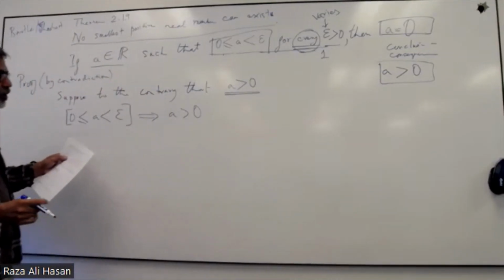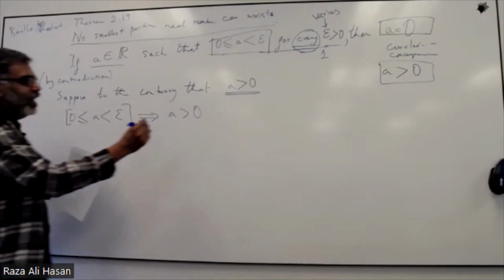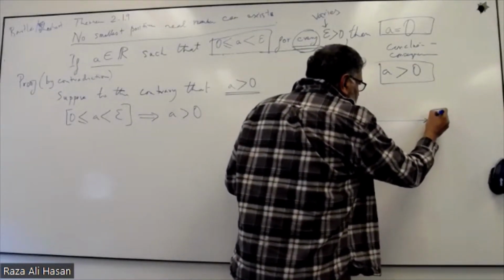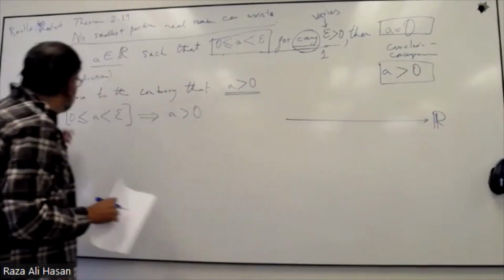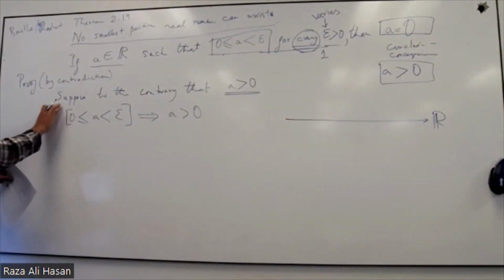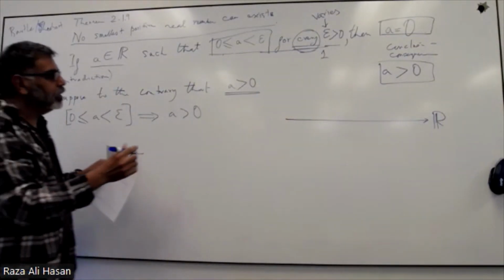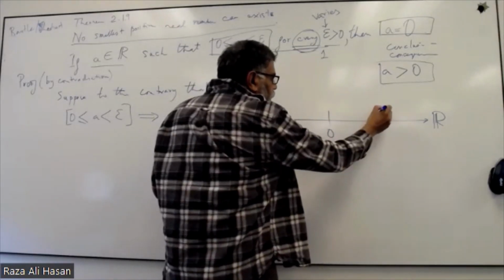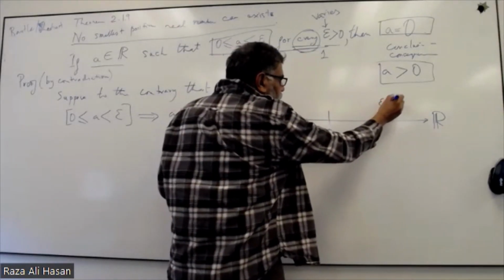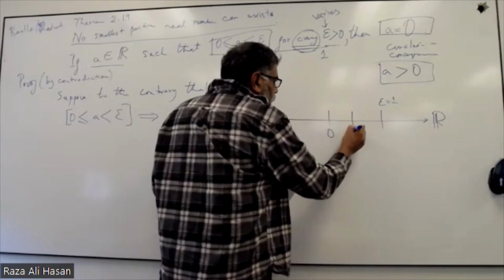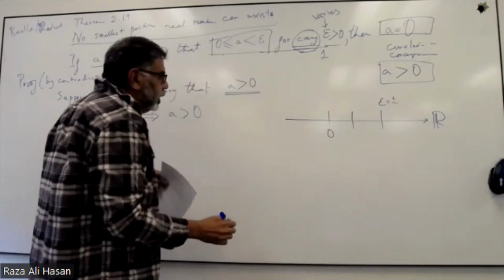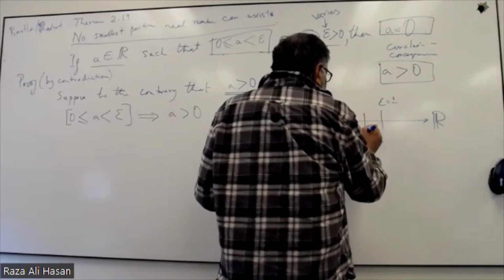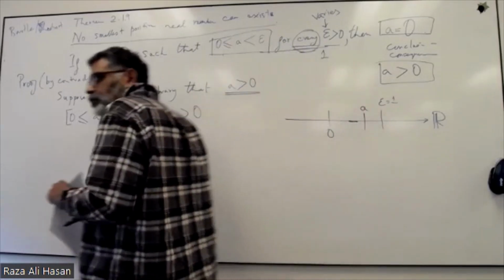Okay. So, and I'm going to draw the picture here again. At this point, what does our line look like? We have 0, we have epsilon, let's say it's 1, but we don't really know, and then A is right there, not in the middle.